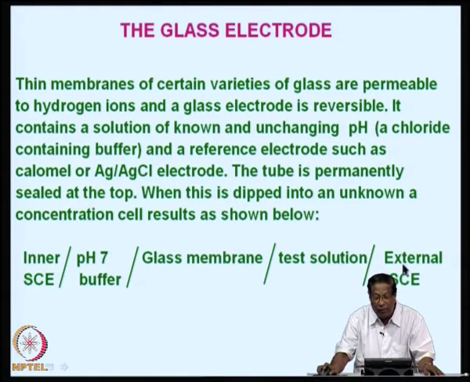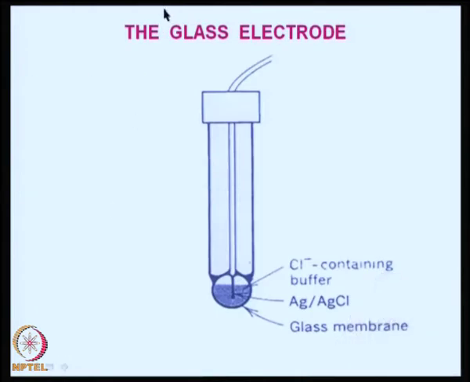The EMF corresponding to this and this will get cancelled because one is positive, another is negative. So, the only difference in EMF should come from the test solution and the pH 7 buffer, that is a standard concentration. So, this is how a glass electrode will look like.